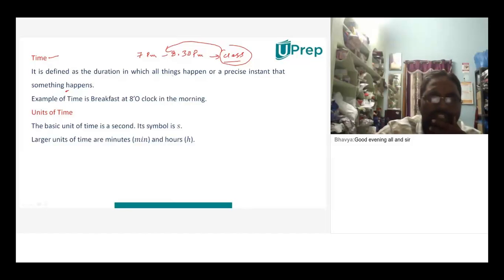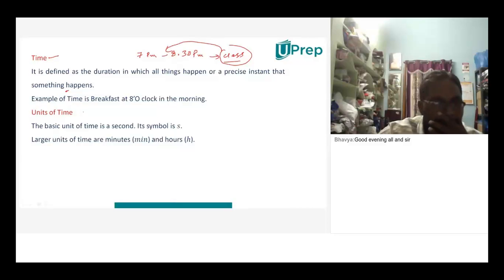And generally, what is the unit of time? The basic unit of time is the second, and its symbol, you already know, is s. Larger units of time are minutes and hours. 1 minute is equal to how many seconds? 60. Very good, 60 seconds.